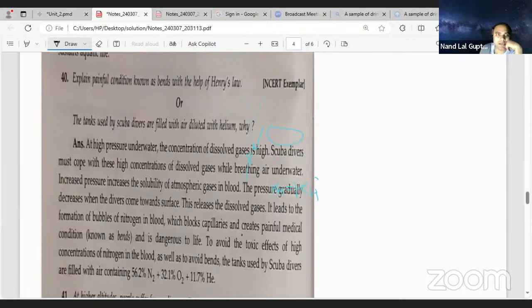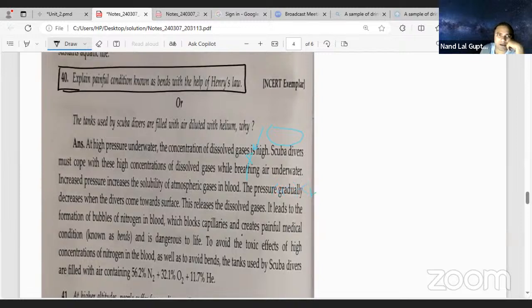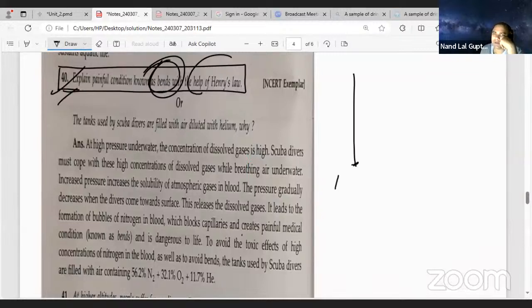Explain the painful condition known as bends with the help of Henry's law. If you are going deep, the pressure is more, so solubility is more. If you are coming up, the pressure is less, so solubility is less, since P is proportional to x.